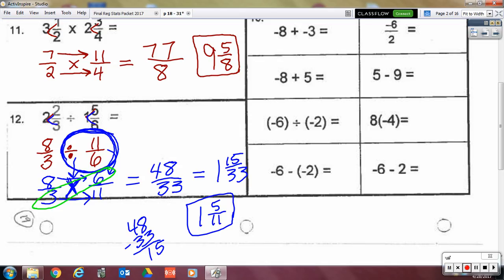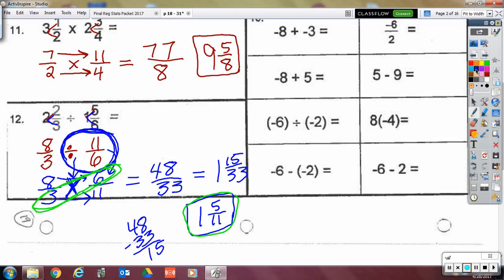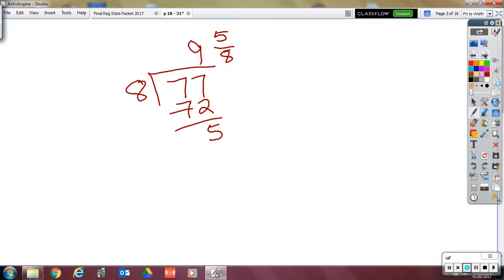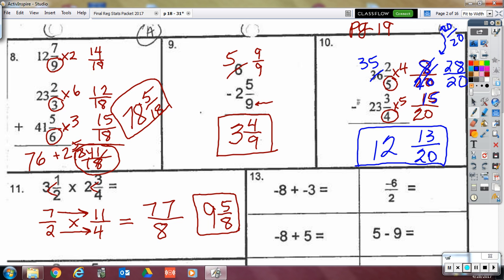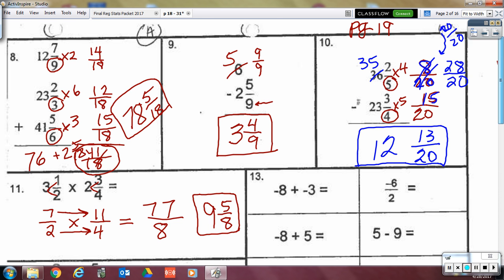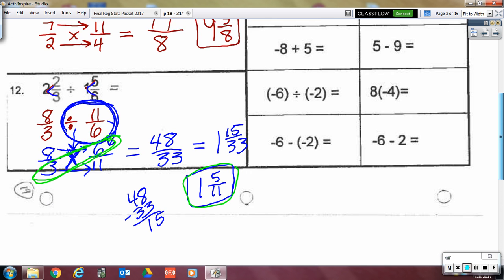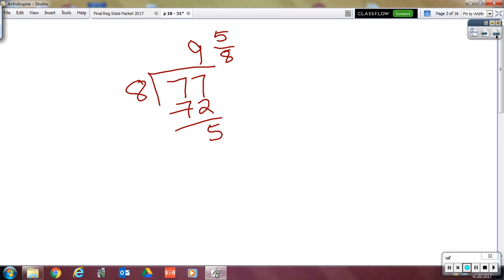You don't have to, but you would have to reduce later. You either reduce now or reduce later. Let me demonstrate. Okay, let me go back to this. What were my numbers? My numbers are 8/3 and 6/11.